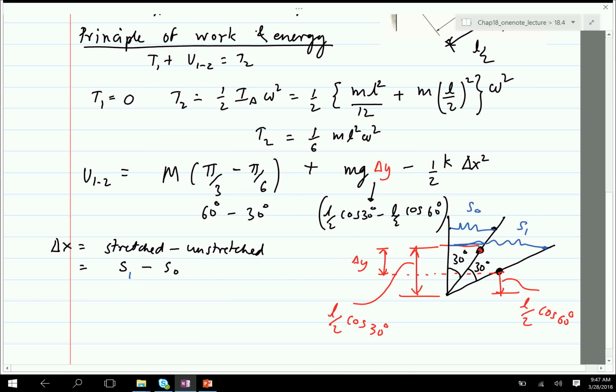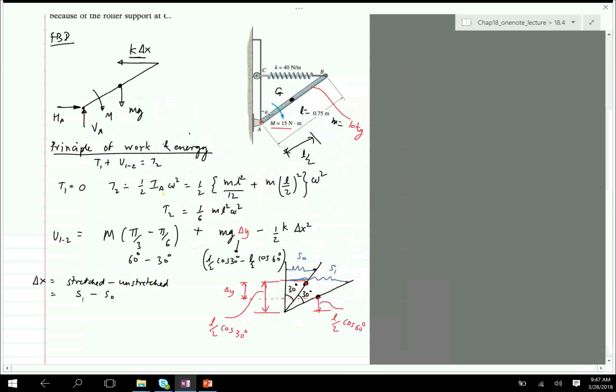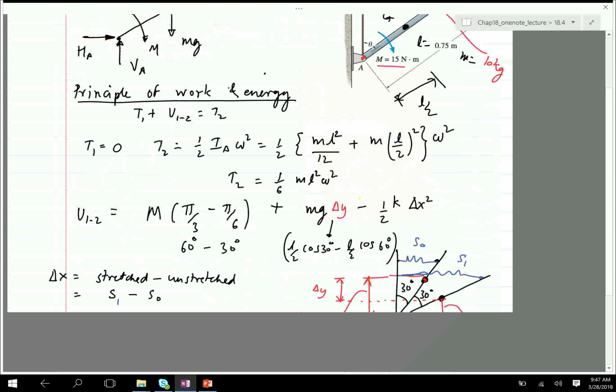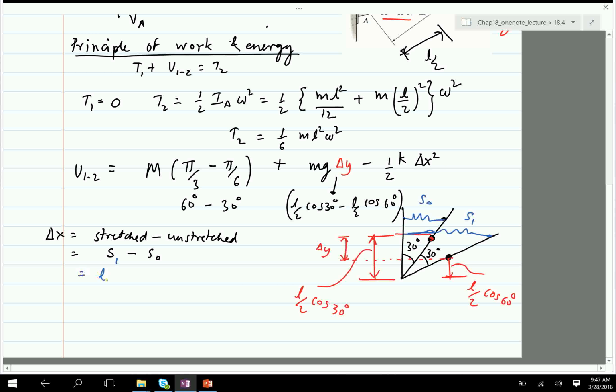So S0 is simply, where is it attached? It's attached at L. So S1 is going to be L sine of 30 degrees, right? Because this distance is L, I need to find this one. So L sine of 30 is going to give me this, and then L times sine of 60 is going to give me S1.